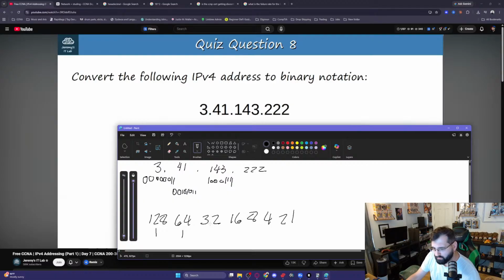So 192, that'd be 2, that's 4. 9 is 12, that's 2. 120, 121. Is that correct? 124. Dang it, I went backwards.